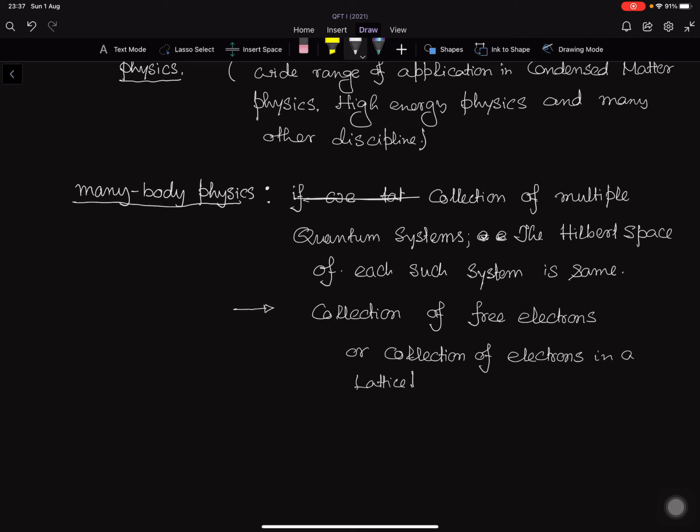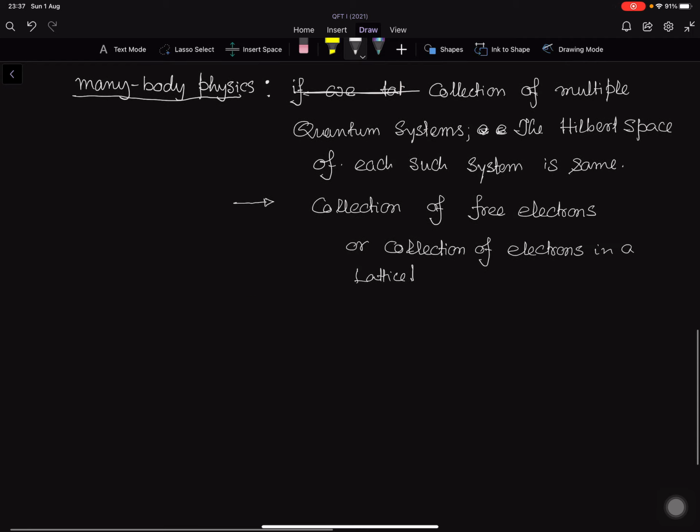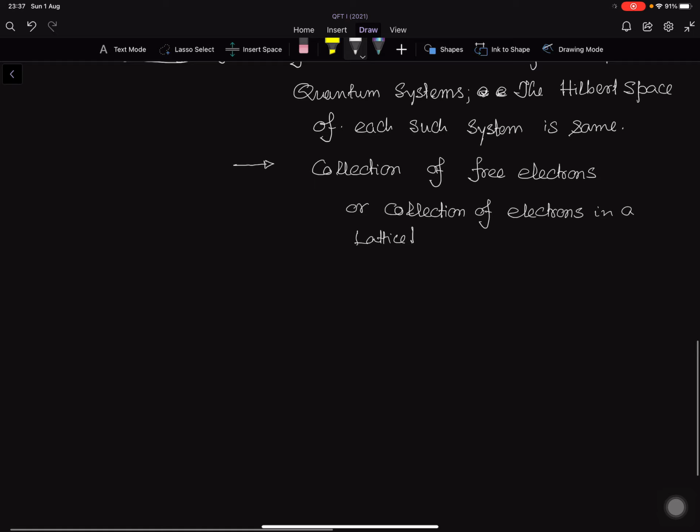Here there will be a very important aspect which we will discuss later: the aspect of identical and indistinguishable particles.